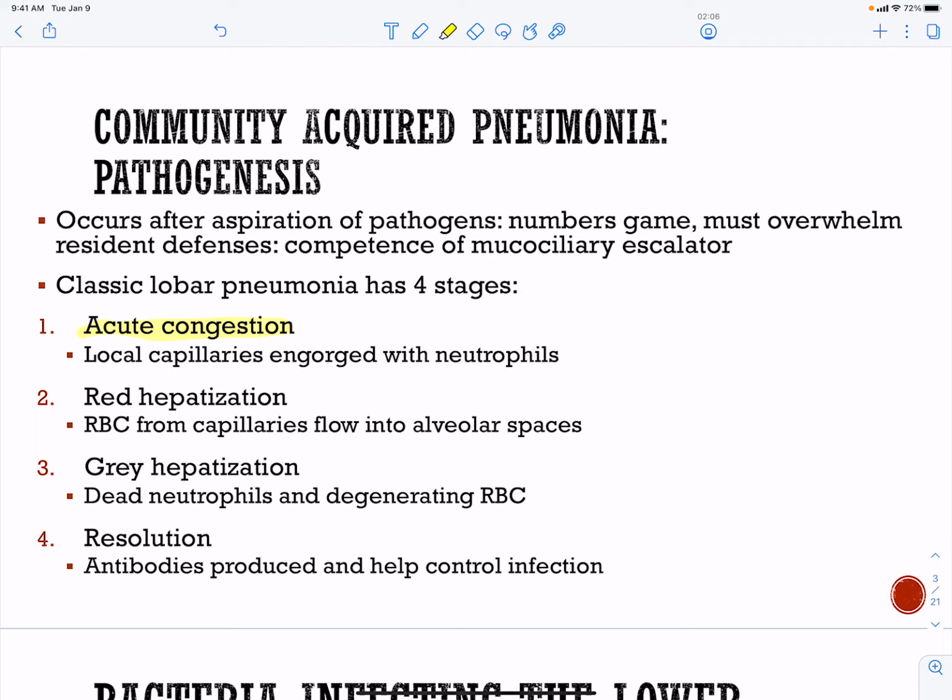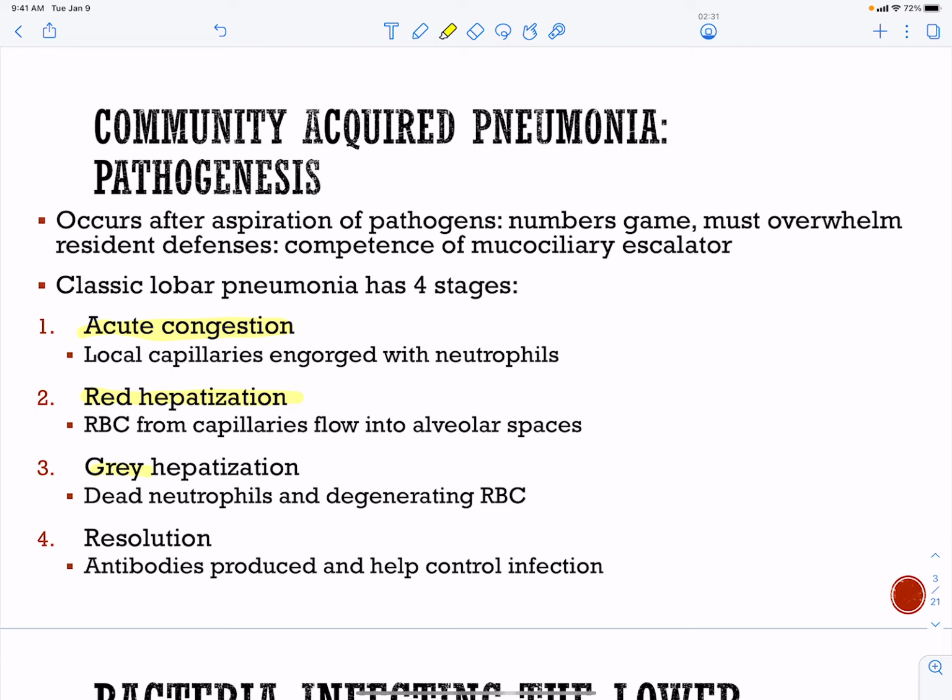You're then going to have disruption of the airways, and this is going to lead to red hepatization, which basically means that you're getting damage of the area where the infection is, of the cells that are lining the airways, and this will allow for blood to seep into those areas, causing the red.